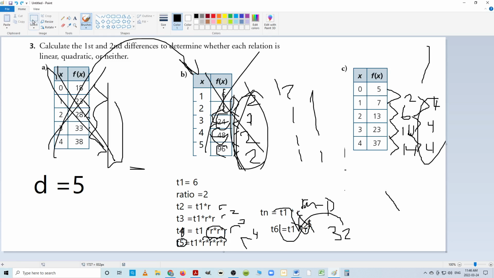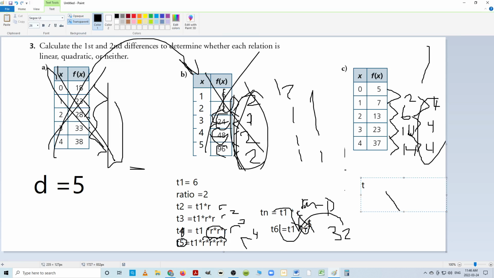So if I'm dealing with a parabola, I know that y, or whatever I'm looking for, is equal to x squared, because the second differences were all the same, plus some unknown number, called c, let's say. But if I look up, I can see that when x is 0, y is 5. So that means there must be this in here.